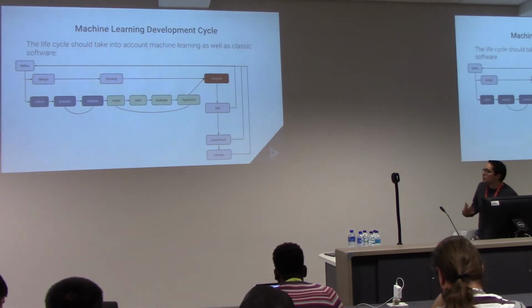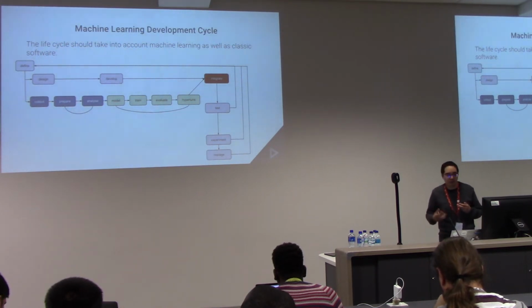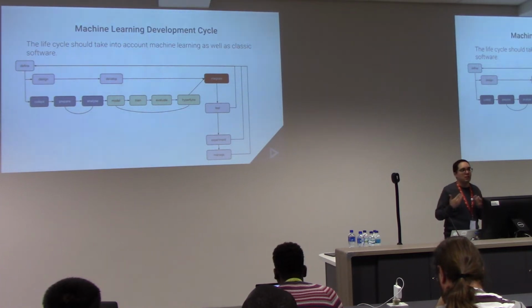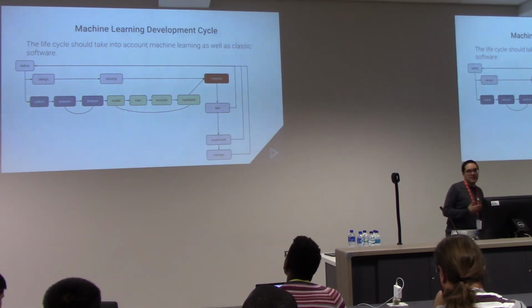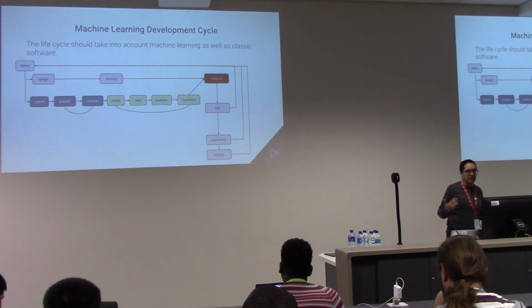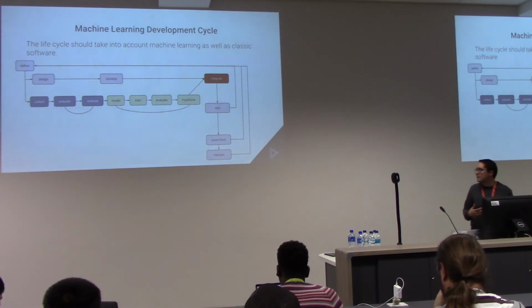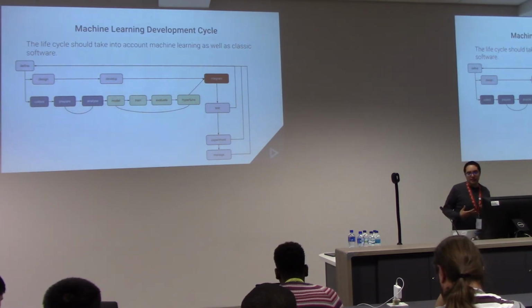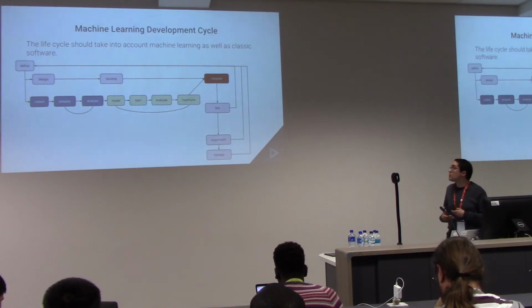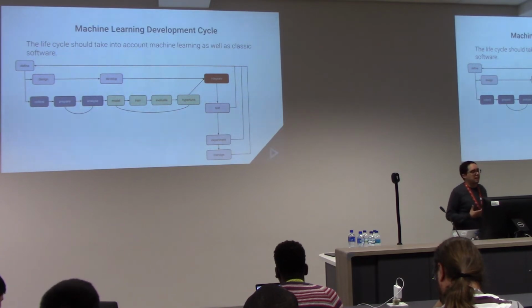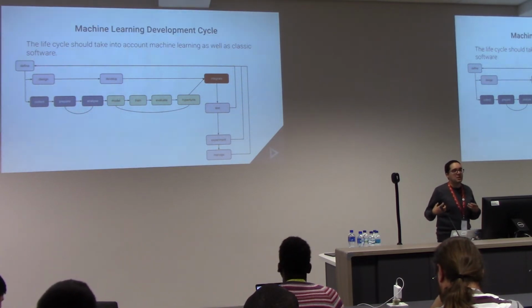That's why we came up with a more parallel process where we try to have two workflows in parallel. One is for managing classic software. One is for managing the machine learning model. And the main takeaway here is that we introduced a phase that is the integration between the classic software and the machine learning phase.